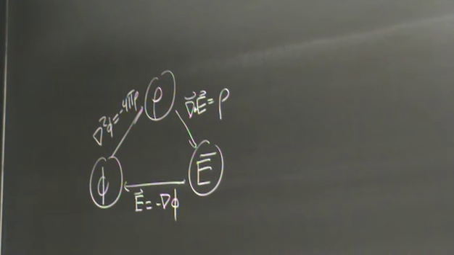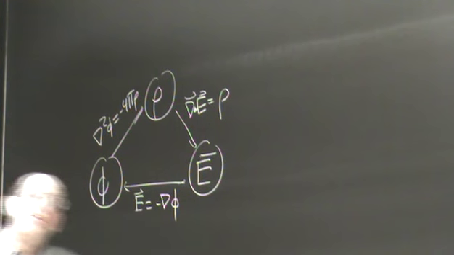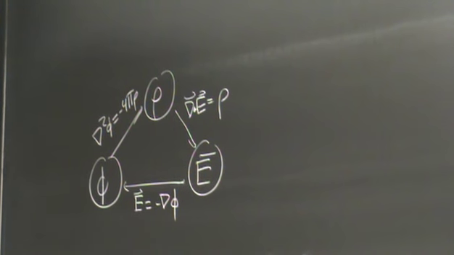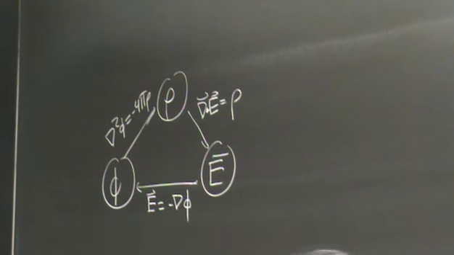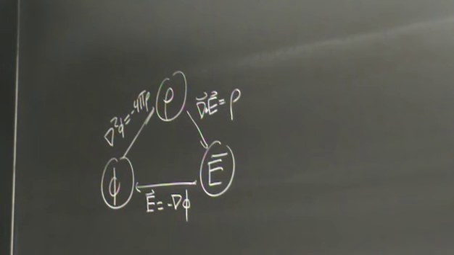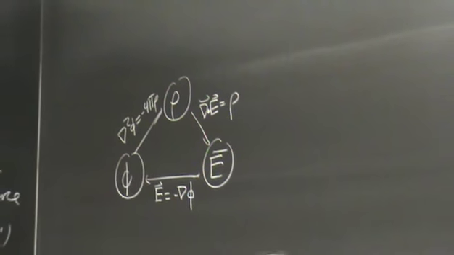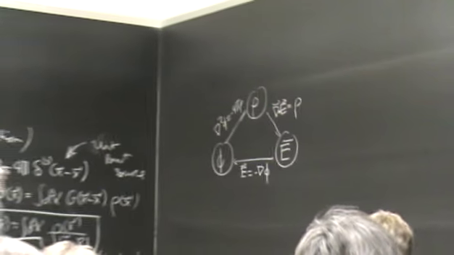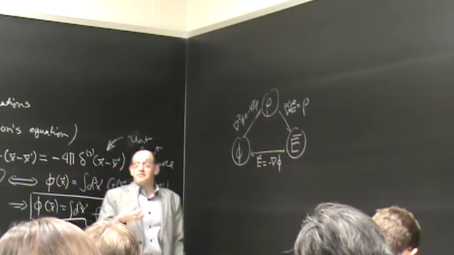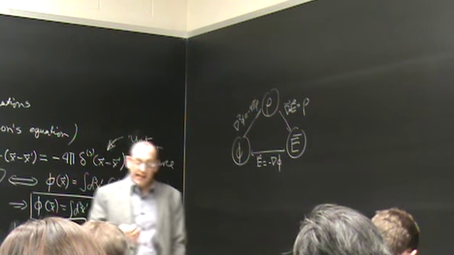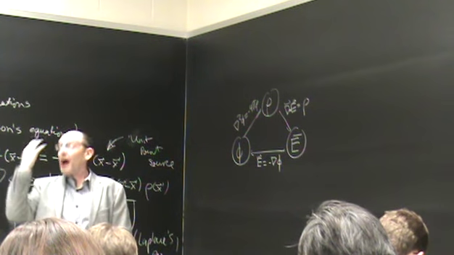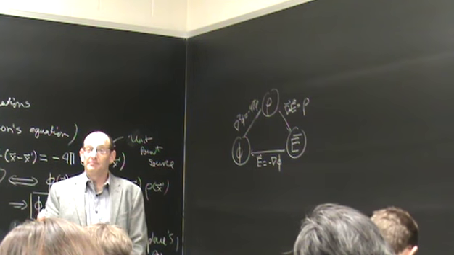Now, if I'm given a charge density, one needs to ask oneself, if I want to find the field, what's the best thing to do? That will depend on the circumstance at hand. If I have some symmetry in the problem that allows me to use Gauss's law, well, I should use it.